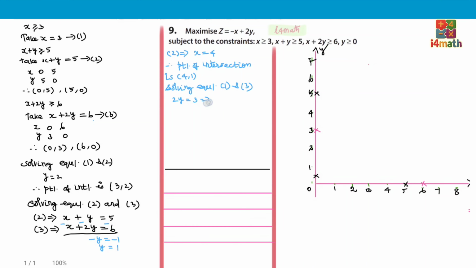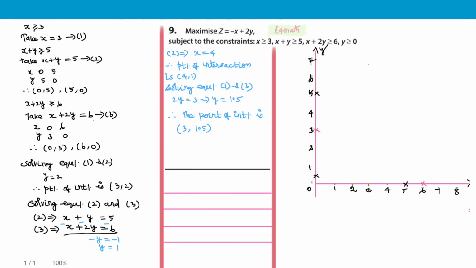So this implies what is y value? y value is 3 by 2, that is 1.5. Therefore, the point of intersection is 3, 1.5.